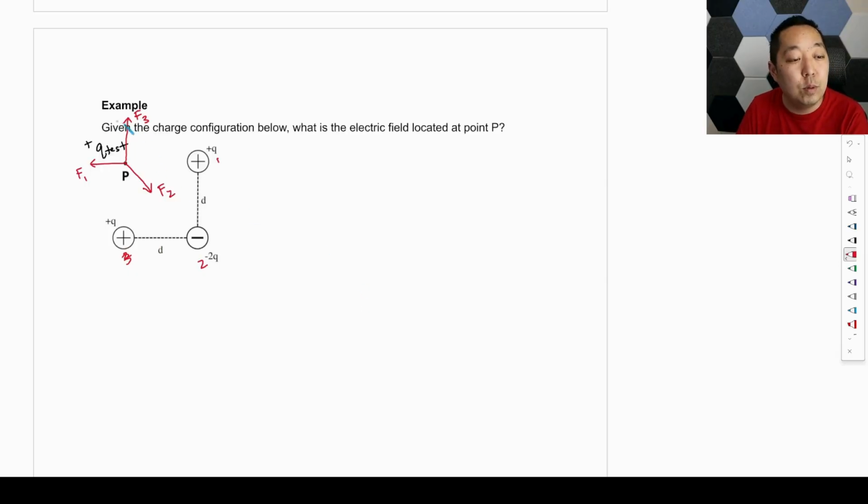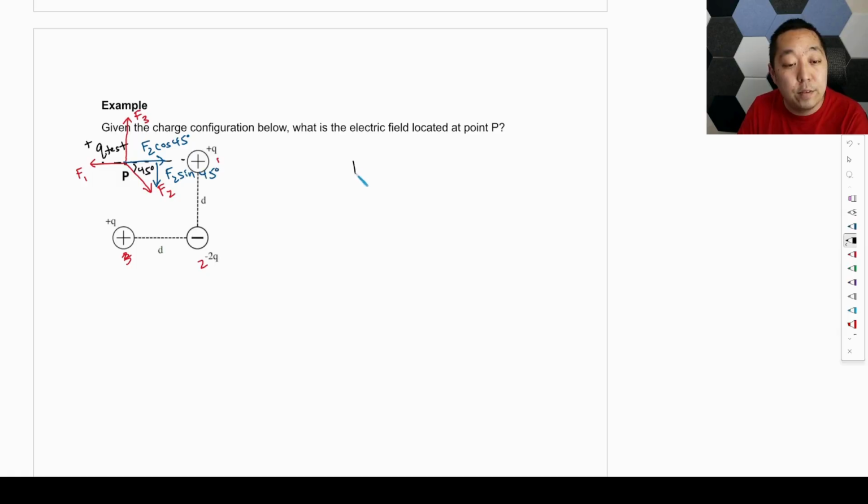Okay, and so then we want to sum up these forces, knowing that we're going to have to decompose things in the x and y direction. Now this angle is 45 degrees because it's a square here. This is D, this is D, this is 45 degrees. So this one would decompose our forces into F2 cosine 45 degrees, and a downward one is F2 sine 45 degrees.